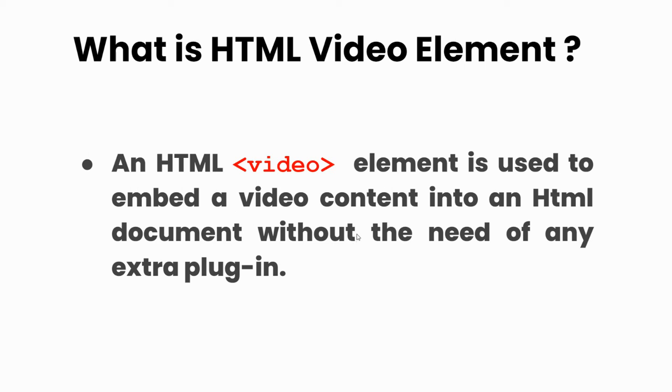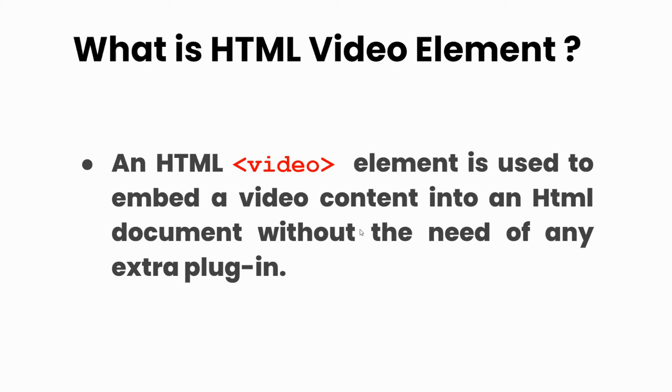So, like I said before, the HTML video element is what enables you to embed a video content within a web page, a website, an HTML document. It's basically what makes the whole process of playing the videos on your website function. Without the video element, I don't think there's any element that would enable you to perform that kind of task.